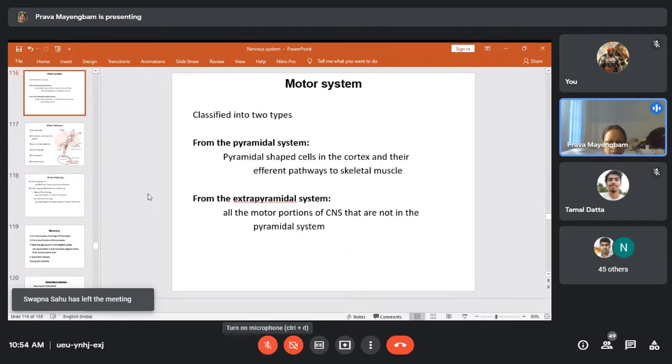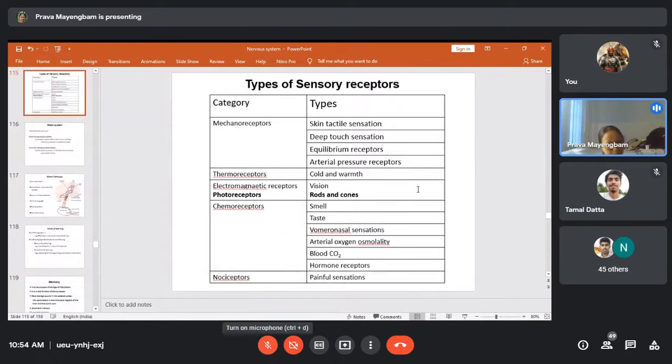So you want to ask anything? You remember this table, okay? What do you understand by mechanoreceptor and what are the examples of mechanoreceptors? What is thermoreceptor? Thermoreceptor means we can sense temperature fluctuation. Electromagnetic receptor, vision is one example.